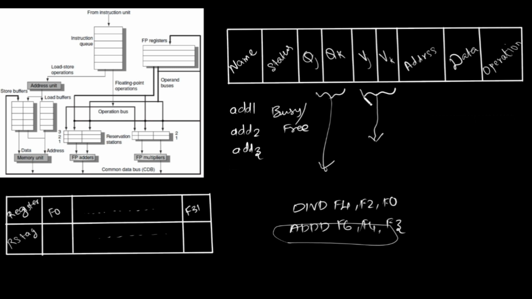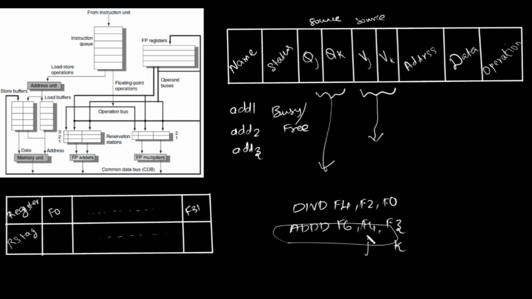Here VJ and VK are the source operands, and these are also source operands here, but the functionality is quite different for QJ and QK. VJ and VK are just the source operands. They have named it J and K as a naming convention; you could put A, B, or something else.